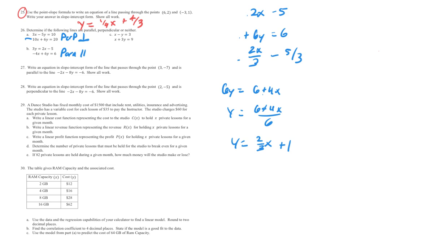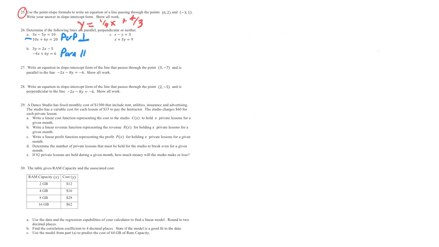The last one, x minus y equals 3, and x plus 3y equals 9. Again, we'll put them in slope-intercept form. Subtract off the x from both sides. Negative y is equal to 3 minus x. Divide both sides by -1. We'll get x minus 3.